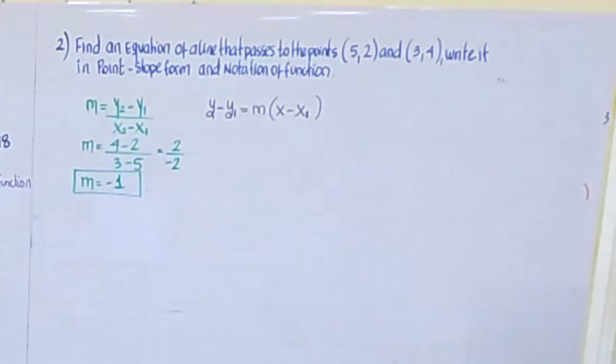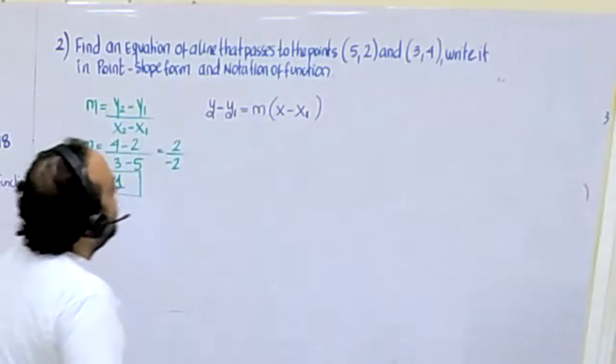You're going to ask, Mr. Boy, how about the letters y and x? Don't worry about it. You don't need to touch x and y because it's an equation in function of the variables x and y. For that reason, every time you write an equation in the point slope form, the only values that you have to replace are y1, x1, and m.